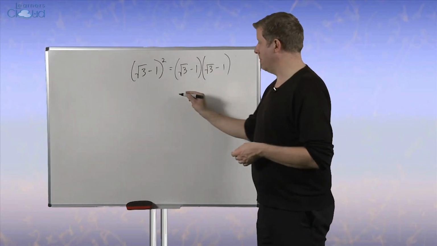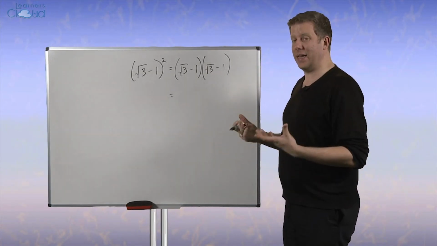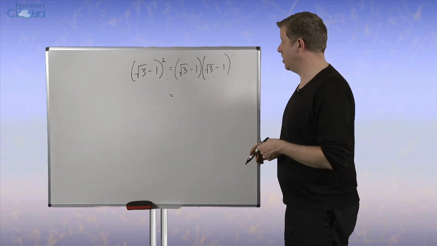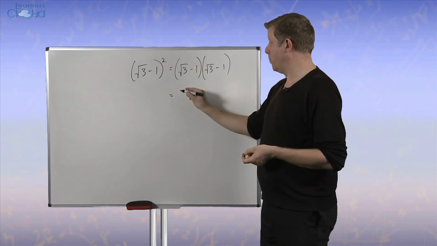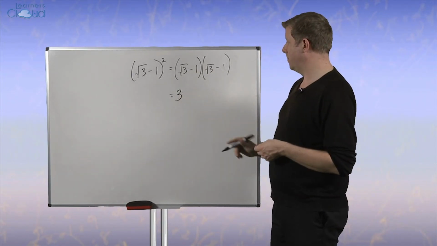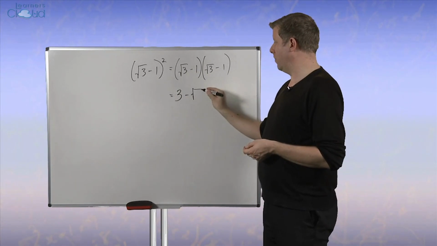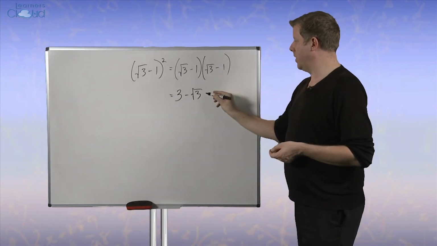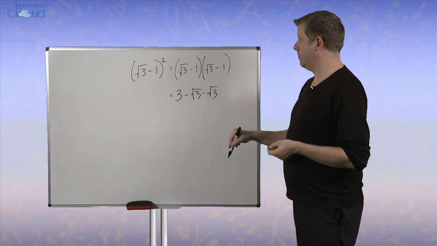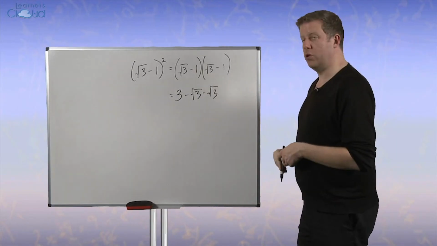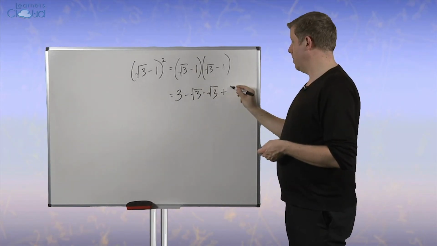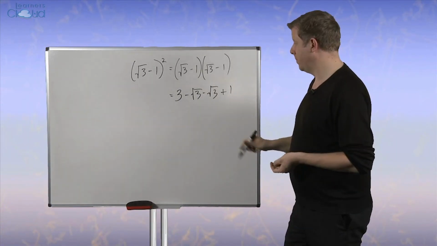Now let's look at how we're going to multiply out these two brackets. Exactly the same method as we used in the last question. √3 multiplied by √3 gives us 3, minus one lot of √3, minus another lot of √3, minus 1 multiplied by -1 gives us +1.